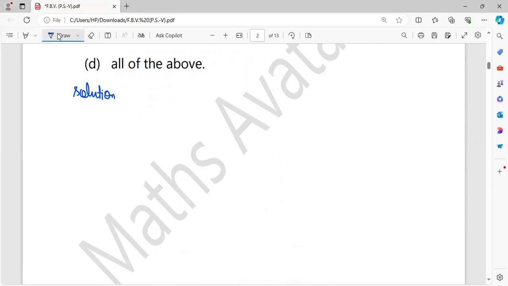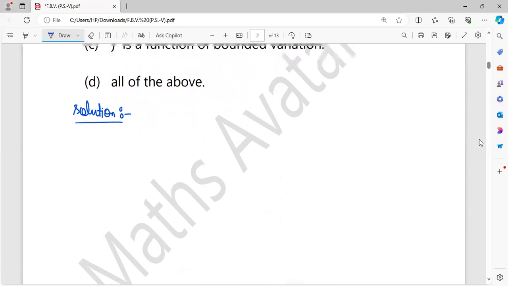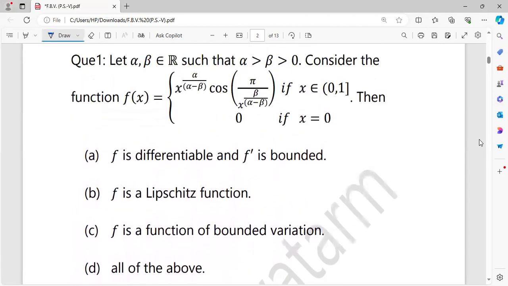First, we have to check the derivative at 0. Suppose it's the derivative at 0. So what is that?